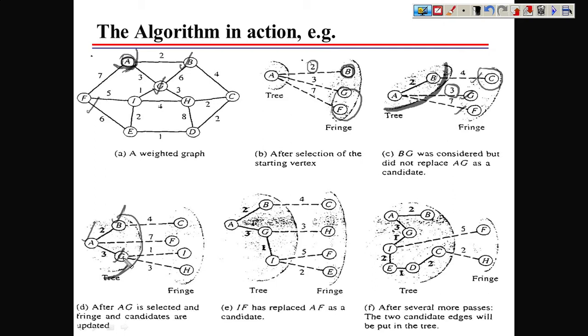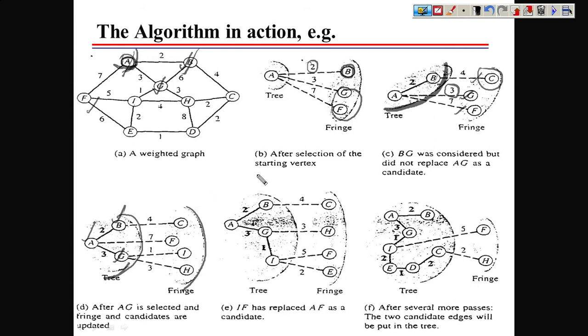Now again, because we have selected G, we also have to consider the neighbors of G, that is I, H, A and B. A and B are already in the tree vertices set. So I and H are going to be included in the fringe vertices set.